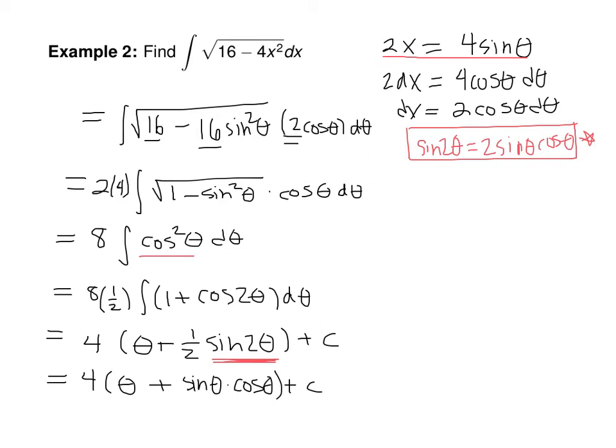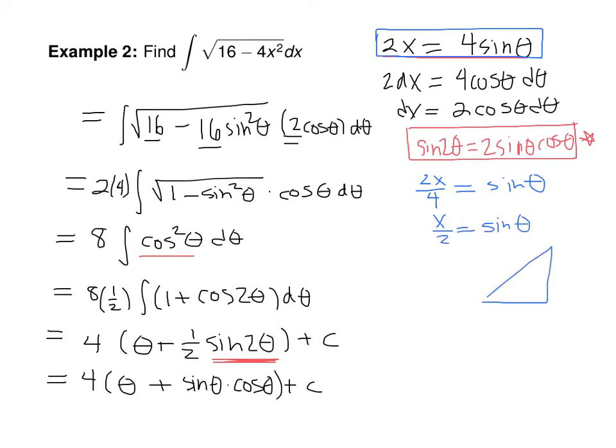And going back to our original substitution, 2x equals 4 sine theta, well, it's the same thing as saying 2x over 4 equals sine of theta, which really 2x over 4 is the same thing as x over 2, right? Equals sine theta. So in our triangle theta, sine is the opposite over the hypotenuse, so this is x, this is 2, other side is root 4 minus x squared.